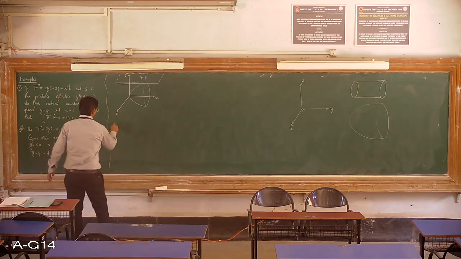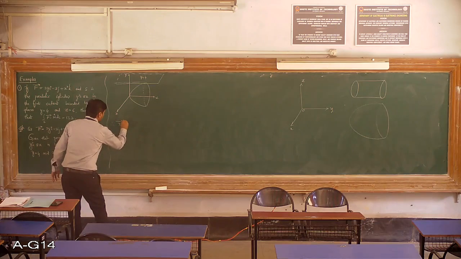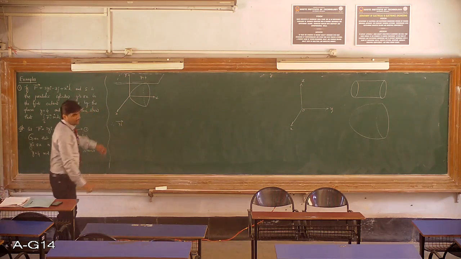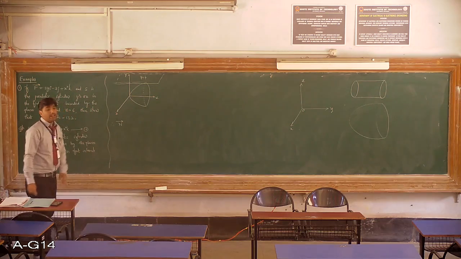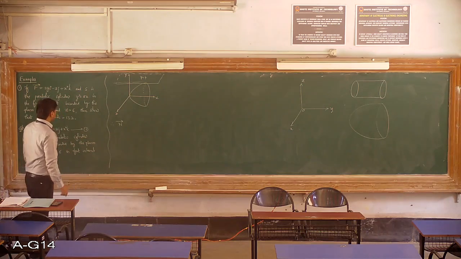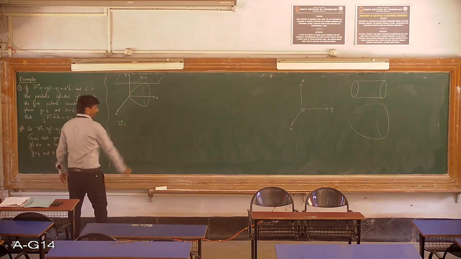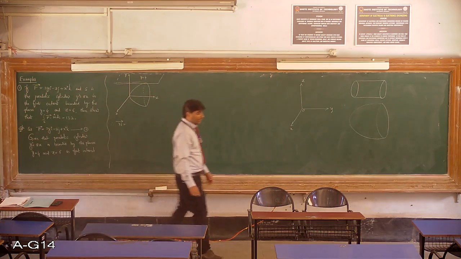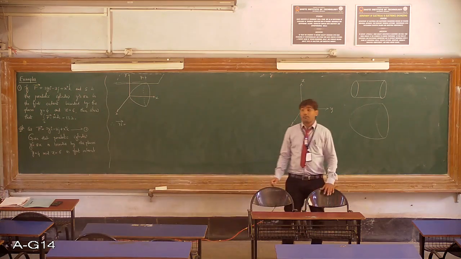Therefore, first I'll find the n vector, not n cap, because n cap is the unit vector. Later we can find the unit vector of that n. So how will we find the normal vector to the surface?